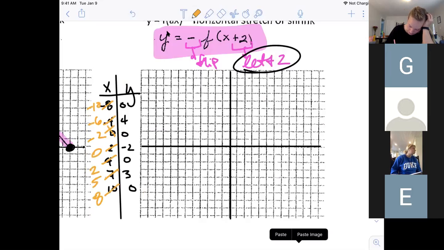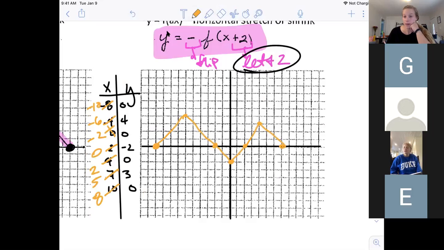I lost track of all my points. All right, that's if I move all of my points left 2.